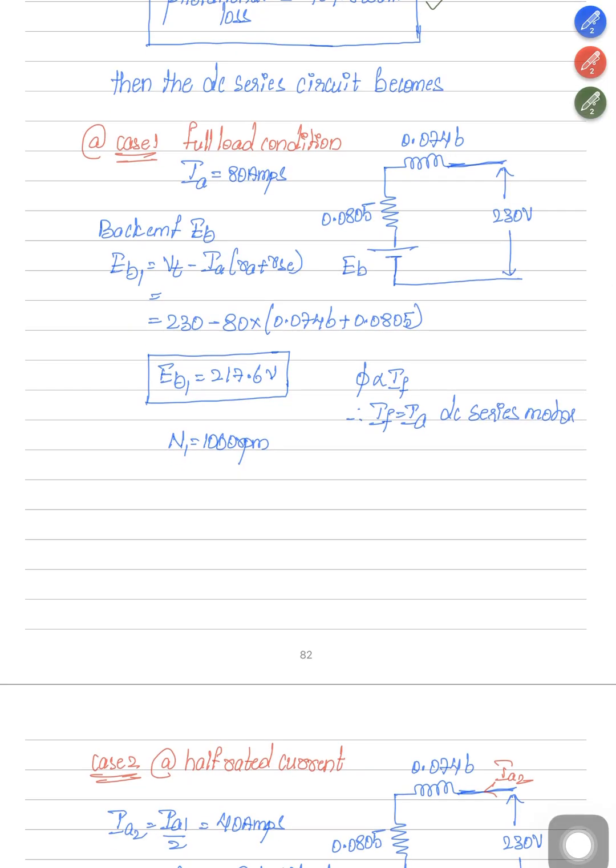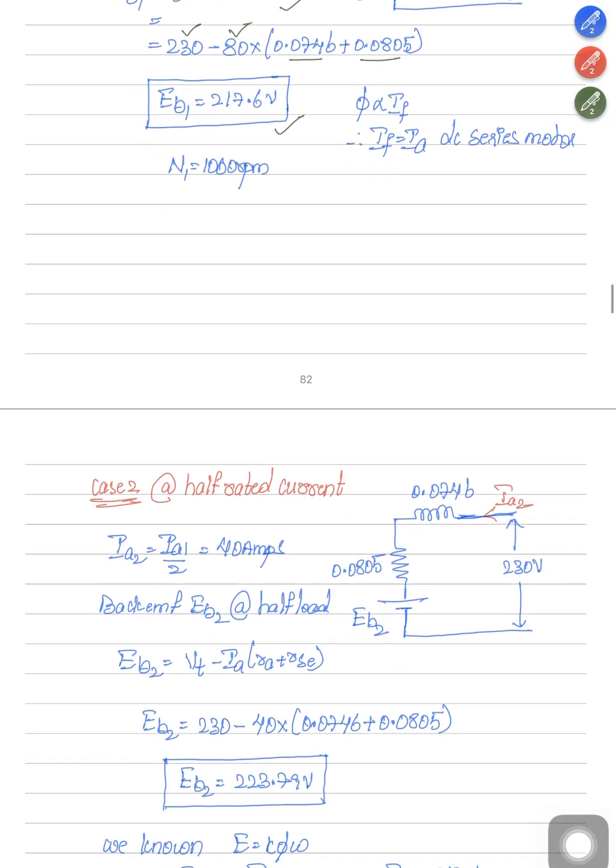Here in case 1, let's find back EMF under full load condition. Back EMF Eb under full load condition equals Vt minus Ia into Ra plus Rf. Under full load condition, the armature current is 80 amps and terminal voltage is 230 volts. Armature resistance and field winding resistance we calculated above. By this, I found the back EMF is 217.6 volts.